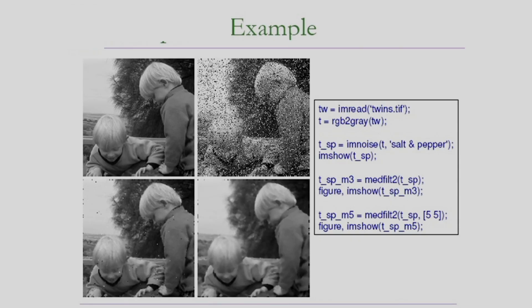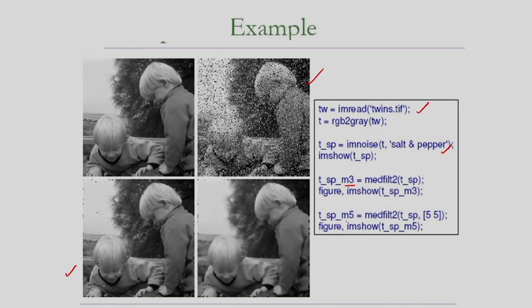And here I am showing one example. The first one is the input image, and after this I am applying the salt and pepper noise, and after this I am applying the 3 by 3 median filter. So corresponding to the 3 by 3 median filter I am getting this output.